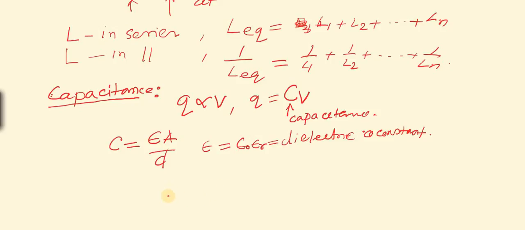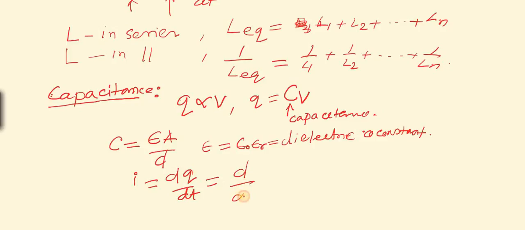Now, the definition of current, we have said that the current I is equal to dq/dt. Okay, so put that value of q equal to CV in this equation.